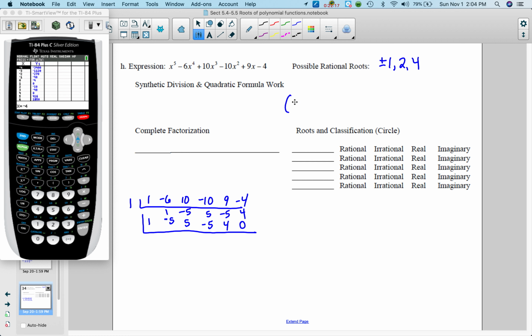So I know that x minus 1 is a factor. And 4 works, so we know x minus 4 is a factor. And if you scroll through, you'll find that no others work. So then you're hoping that one of these works again.